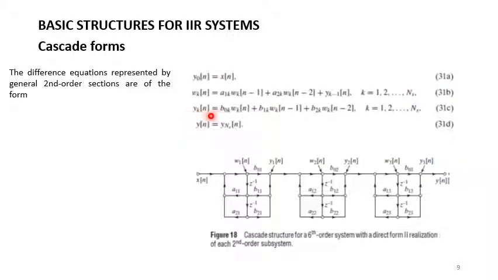Similarly, y of k equals b0k w k n plus b1k w k n minus 1 plus b2k w k n minus 2, and so on, for k running from 1 up to ns. Now in this particular example we have a sixth order system, so for the sixth order system we have ns equal to 3.